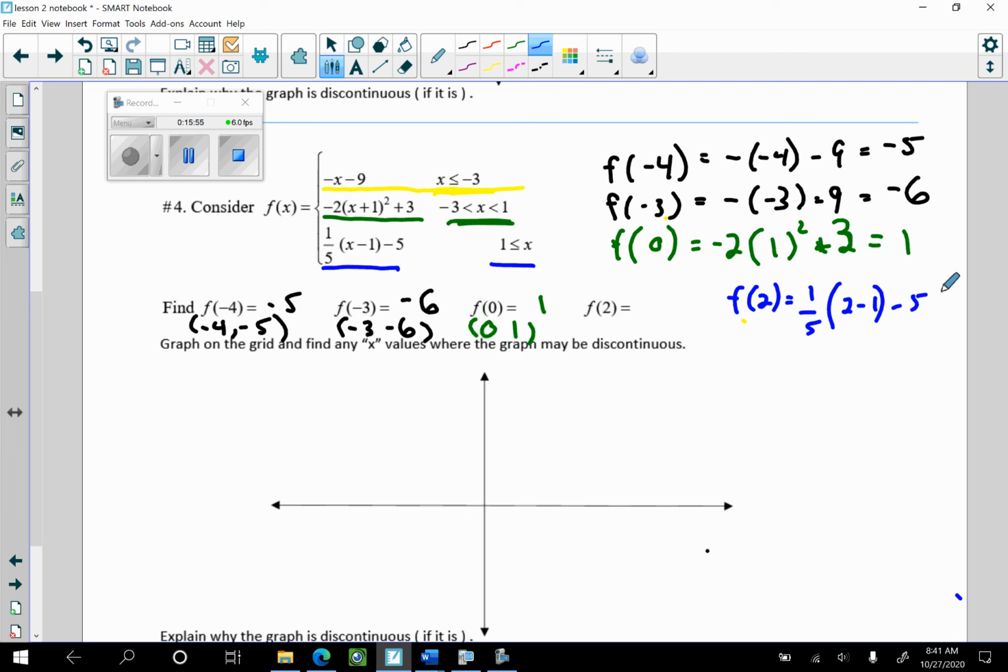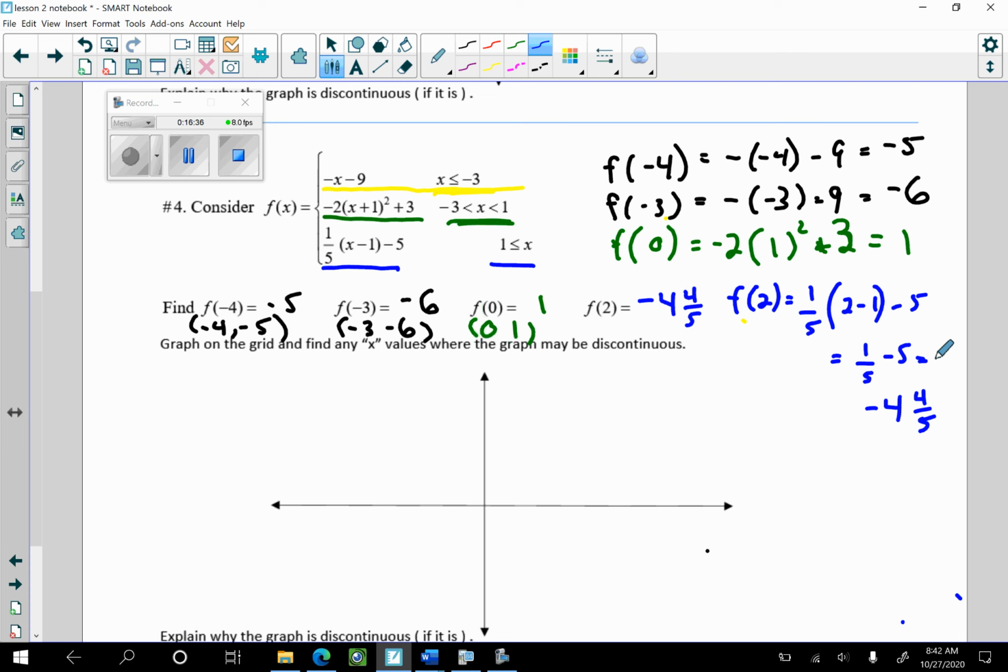So that's going to be 1/5 minus 5, and that is going to be negative 4/5, correct? Yeah. Because I'm going to go 5 and add 1/5, so that's negative 4/5.